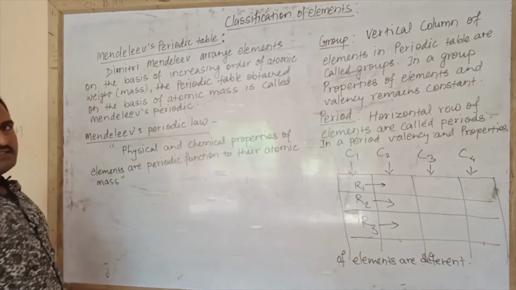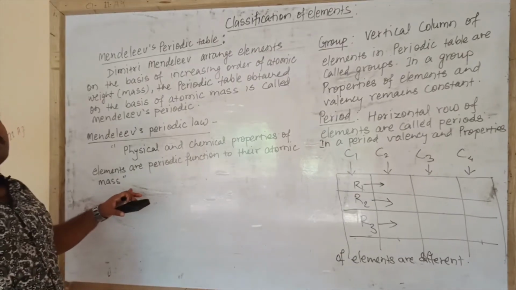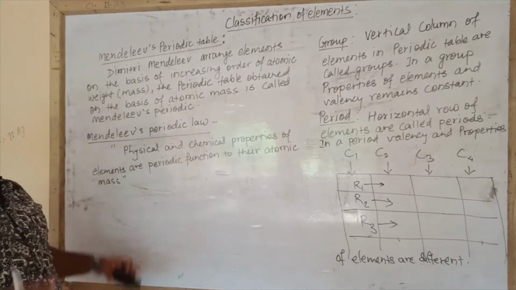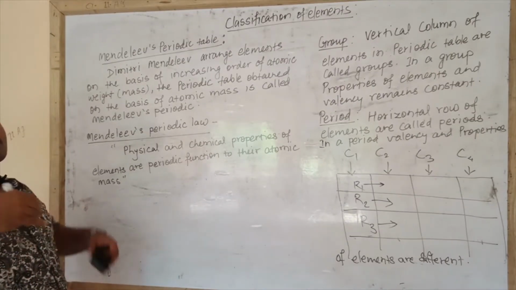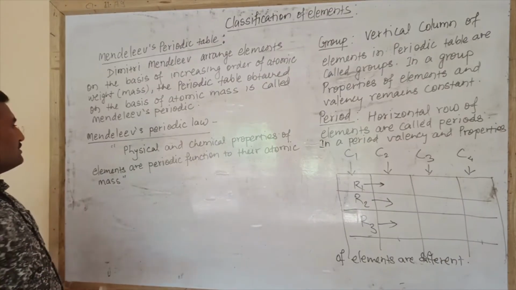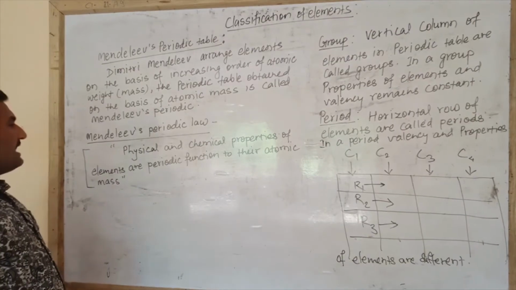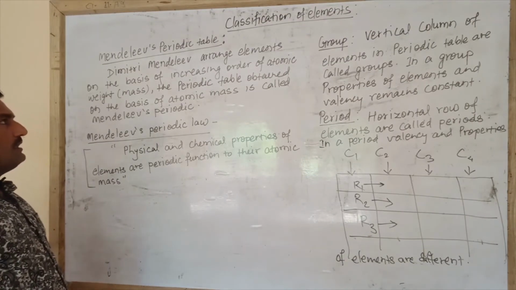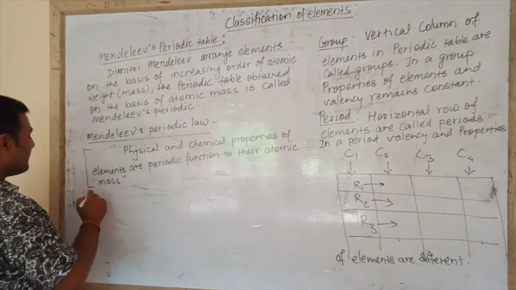When elements are arranged on the basis of increasing atomic mass, elements having similar properties fall in the same group, which is known as Mendeleev's periodic law.